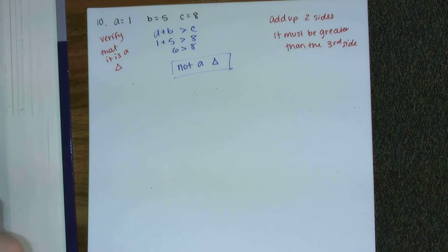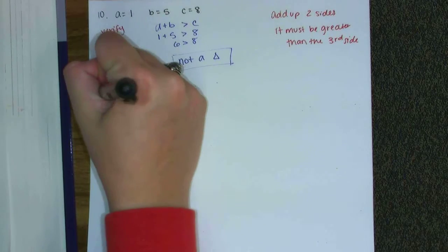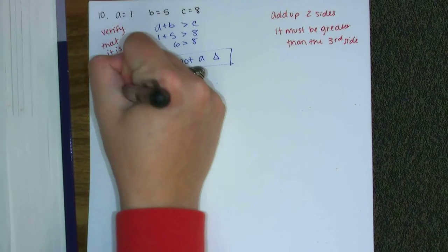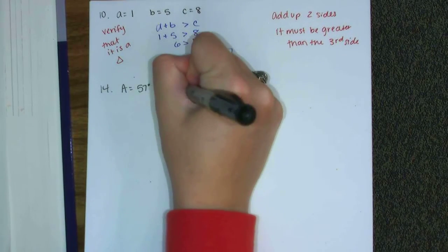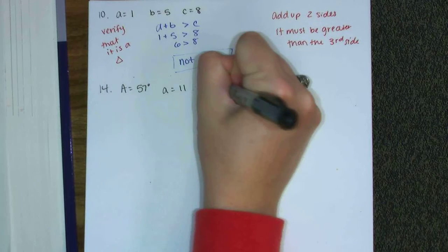Okay, so let's go back and do another one. Number 14 looks good. Let's do 14. Angle A is equal to 57 degrees. Little a is equal to 11. And b is equal to 10.